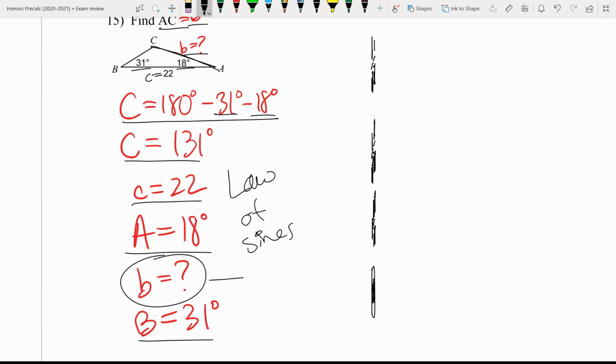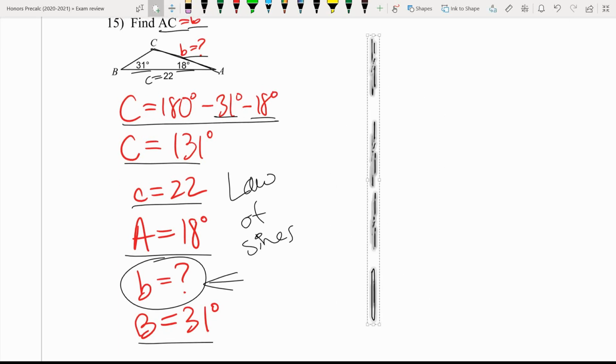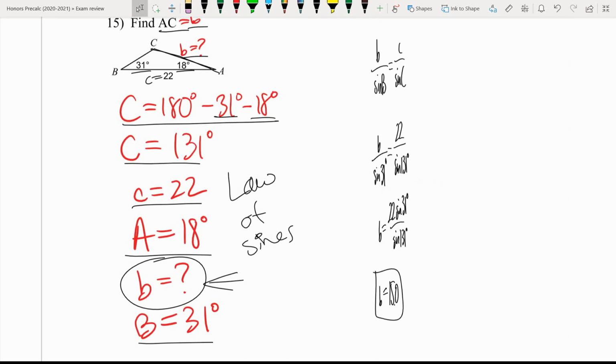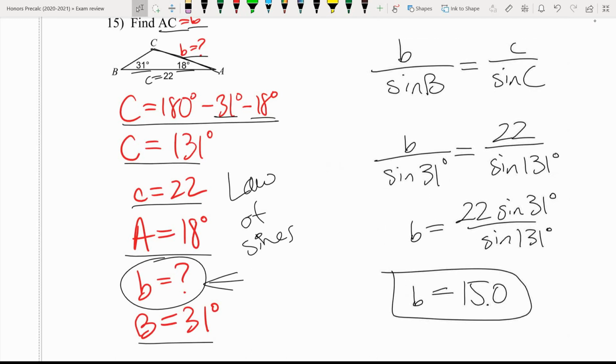But the side we're trying to find here is B, so whenever I set up my law of sines, let's see if I can expand this back out again. There we go. Whenever I set up my law of sines, I start by putting the thing I'm trying to find in the upper left corner. So that means sine of B goes underneath it, but we know what B is. And then C on top, we have that value there, and sine of C on the bottom, that's also a value we know.